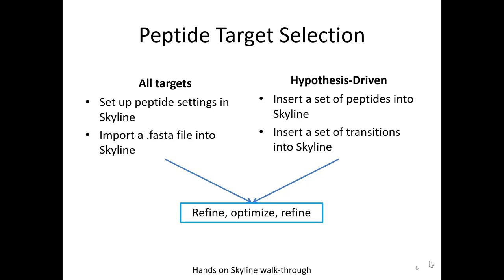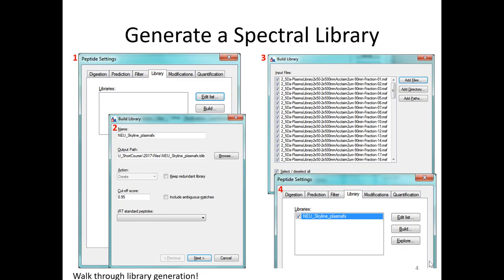Did everybody find, let's go back. Did everybody find this Plasma FX library? It should have a BLIB file extension.